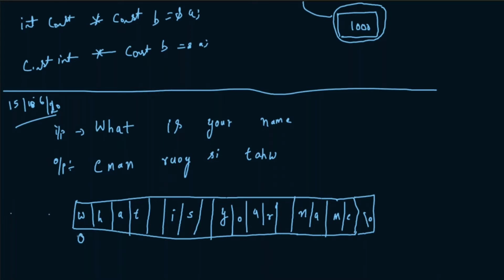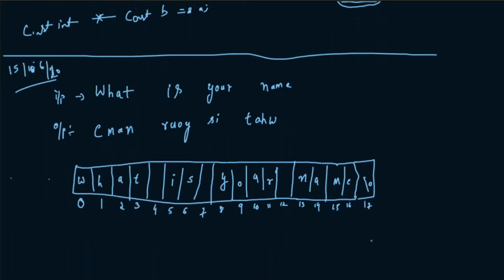Those are things I will discuss later. Index 0, 1, 2, 3, 4, 5, 6, 7, 8, 9, 10, 11, 12, 13, 14, 15, 16 and 17, and so on. Done so much, guys?